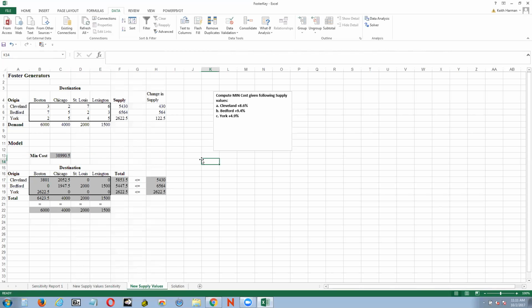Now if you stop and think about this for just a moment, as you increase supply or you increase distance or both, transportation costs go up. You say, well, any simpleton would understand that.